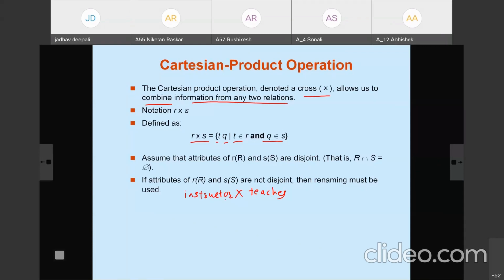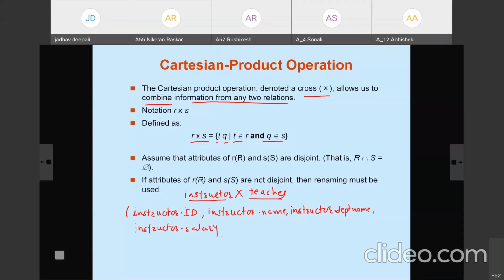So how do we represent instructor Cartesian product teaches? In the resulting relation the attributes are instructor.ID, instructor.name, instructor.department name, instructor.salary.